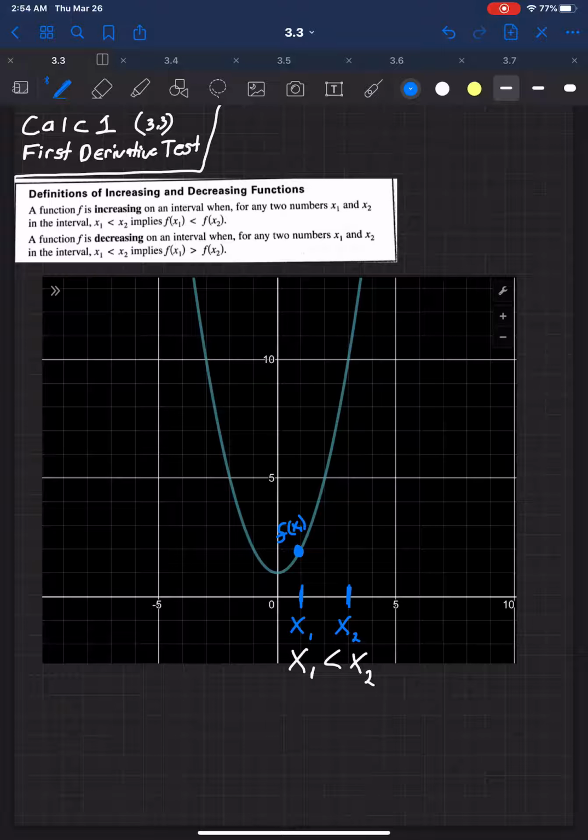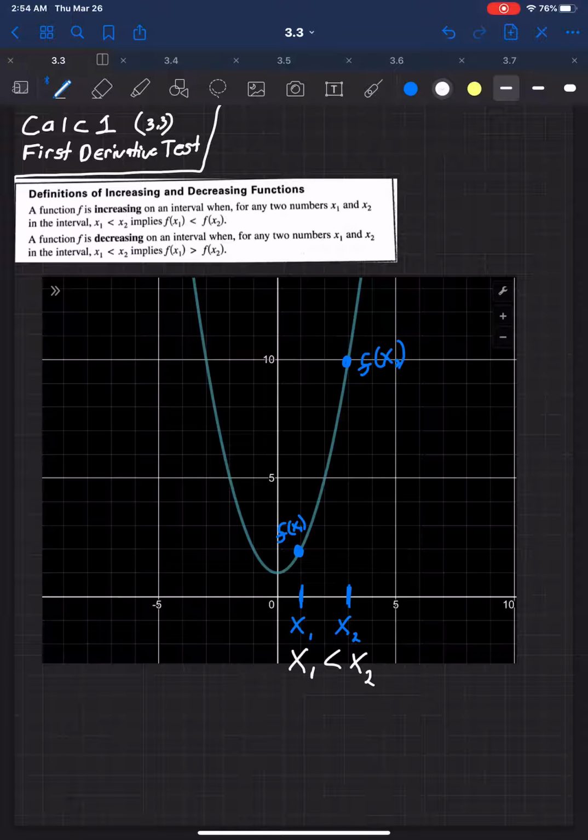Likewise, if I were to take this second point and plug it into this function, this would be f of x sub 2. All right. And now, notice what the definition says. For any two numbers, x sub 1, x sub 2, in the interval, x sub 1 less than x sub 2 implies that f of x sub 1 is less than f of x sub 2.